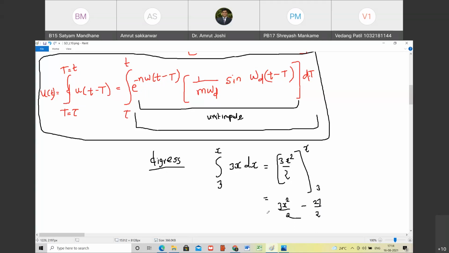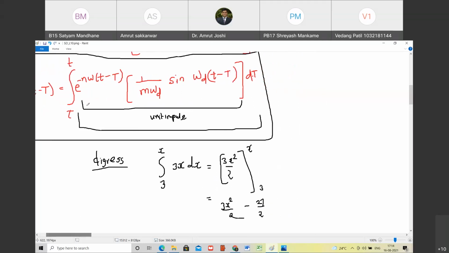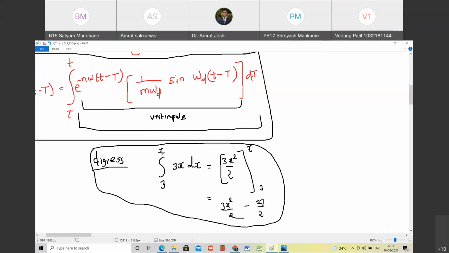Do you agree with me? Yes, sir. तो अब जरा देखो, what was the variable of integration here? X. Yes, when x is the variable of integration and one of the limits is a function of x, the result is also a function of x. Do you agree with me? Happy? Yes.